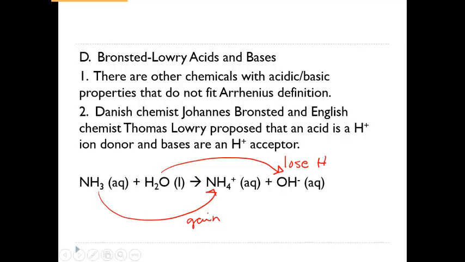So we have an acid and a base here because we have the H+, we have an ion donor, so that would be this one. Our water is donating a hydrogen, it's losing it, and so that would actually be the acid. And then NH3 is accepting the H+, and so that would make it a base. And so that is just another definition of how we can classify acids and bases.